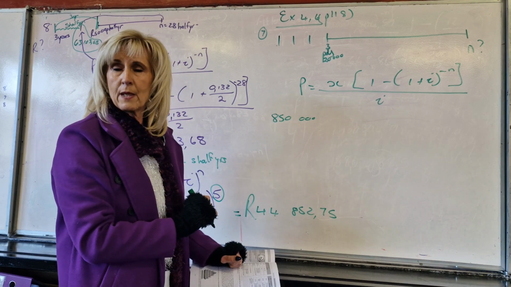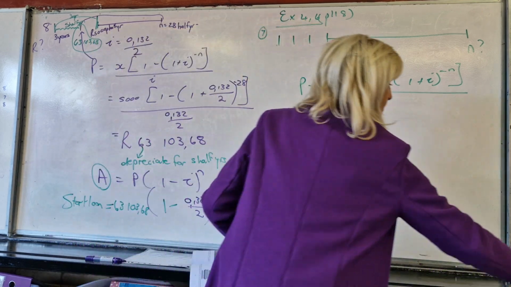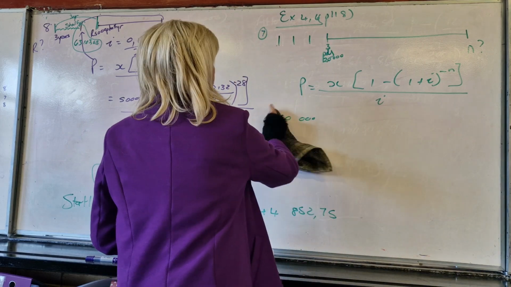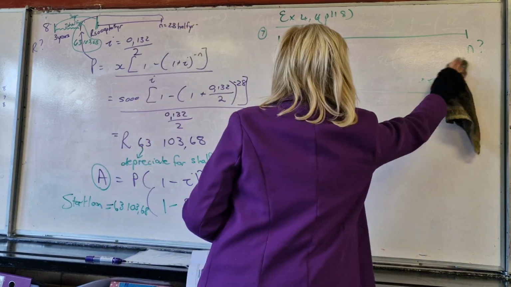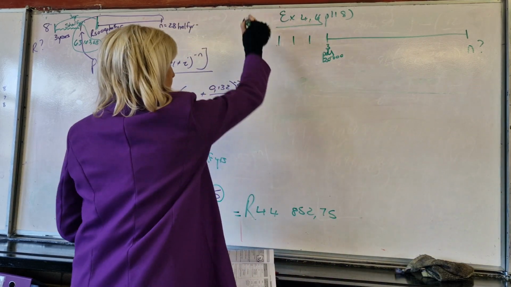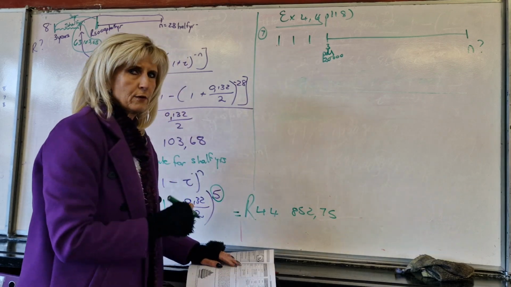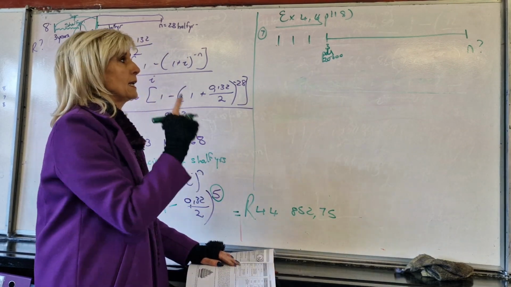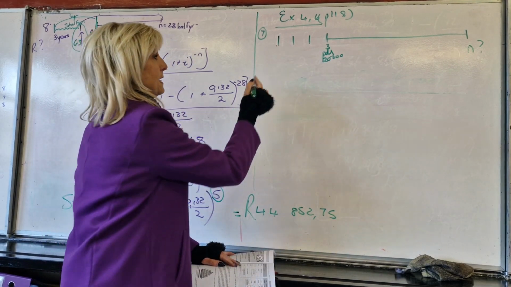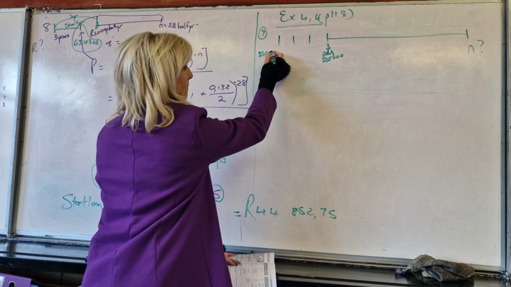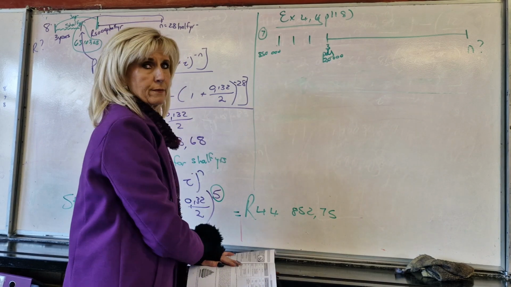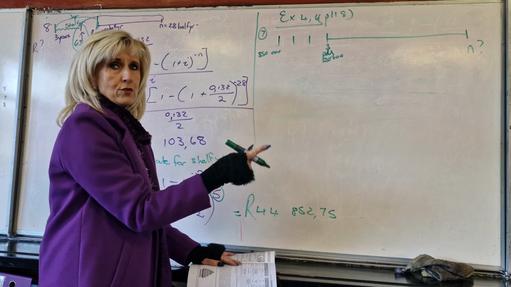Are you with me? So where should I start? Not 850,000. I'm going to have on my memo those guys that did use 850 because I know that's going to happen. It isn't 850,000. It's 850,000 here when I took out the loan. There was interest.